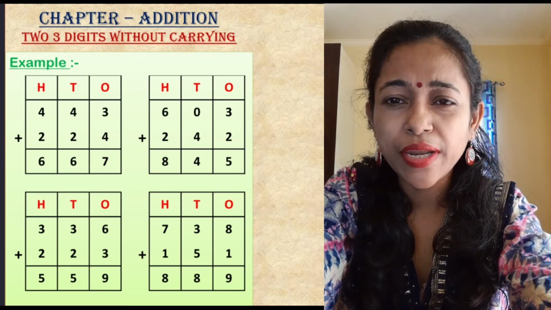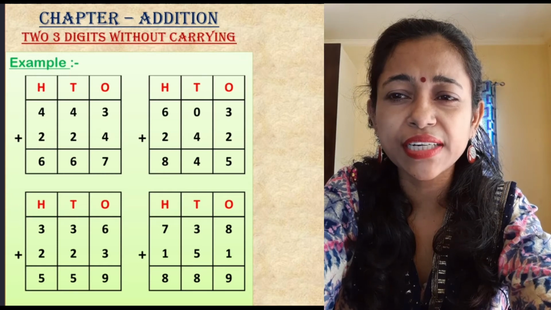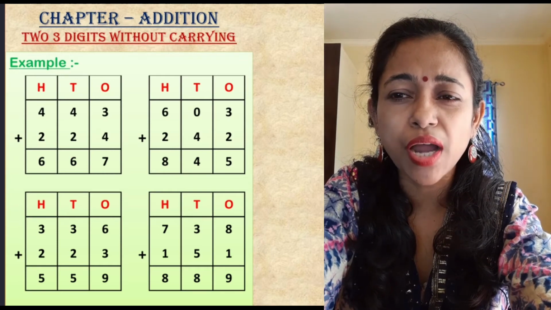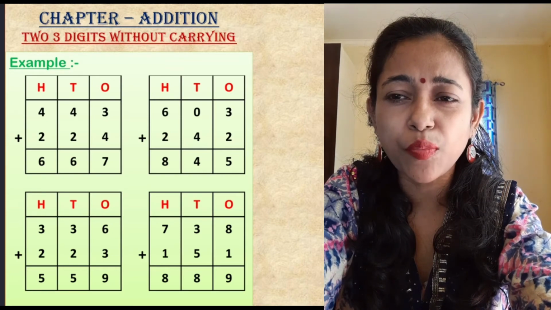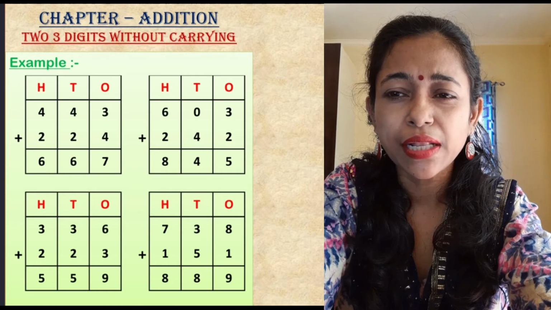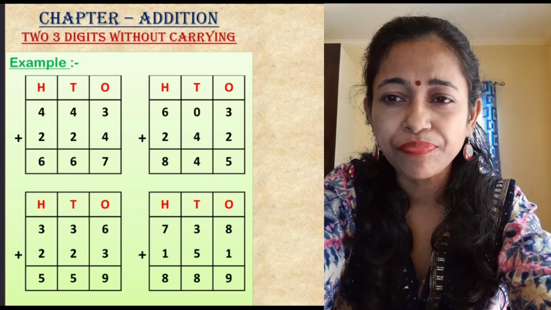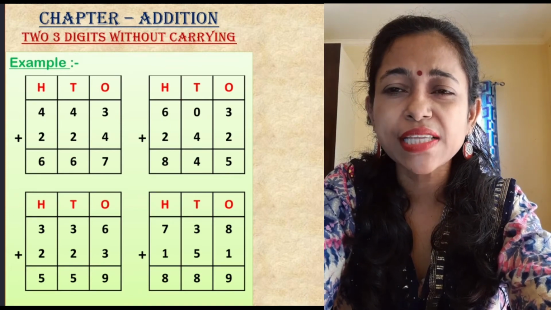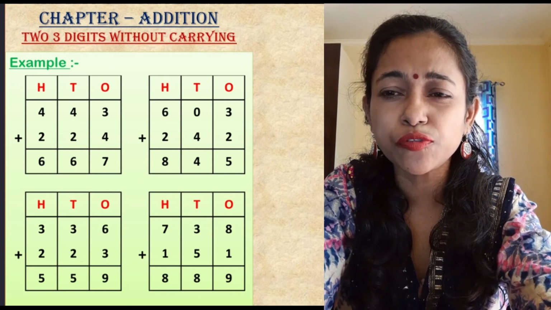Children, now let us see the third example. You have 336 plus 223. So again we start from adding from the ones place. 6 plus 3 is equal to 9. Then let's come to the tens place. 3 plus 2 is equal to 5. And on the hundreds place, we have the same number 3 plus 2, which is equal to 5.